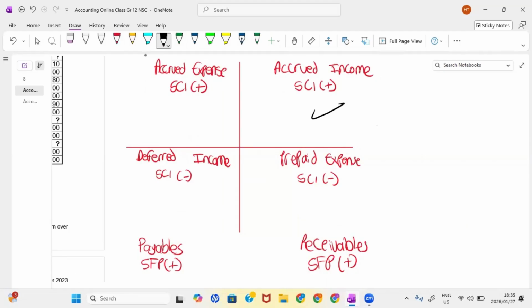But where? You go to other operating income. And then already you have that thing. It's just that I don't have the table here. That's why I'm writing. I don't have the template.